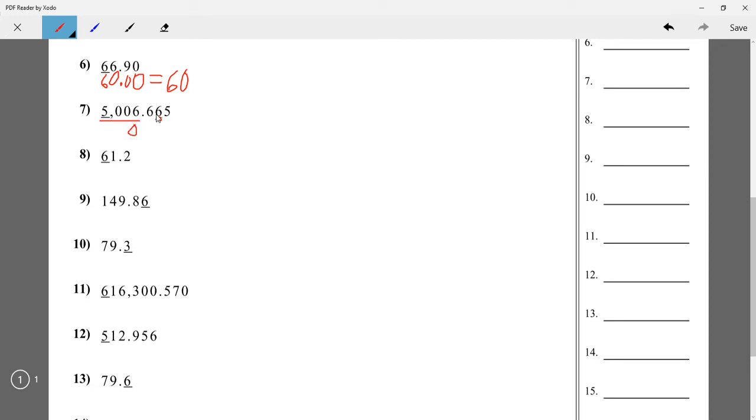If you're looking for the place value after the decimal, then anything before the decimal will just turn into 0, right? Because the place value here is obviously worth less than 1. So this turns into a 0. And then any number before or after it turns into a 0 as well.